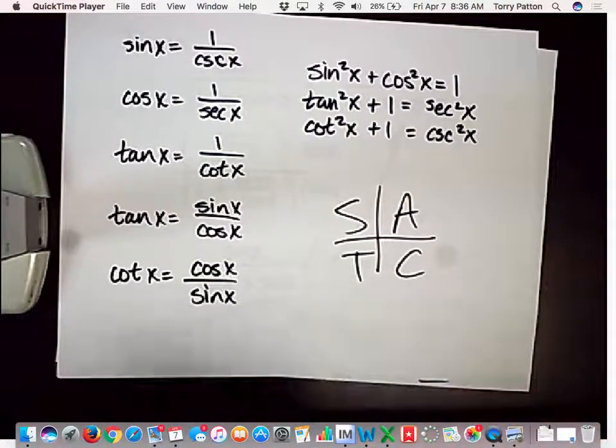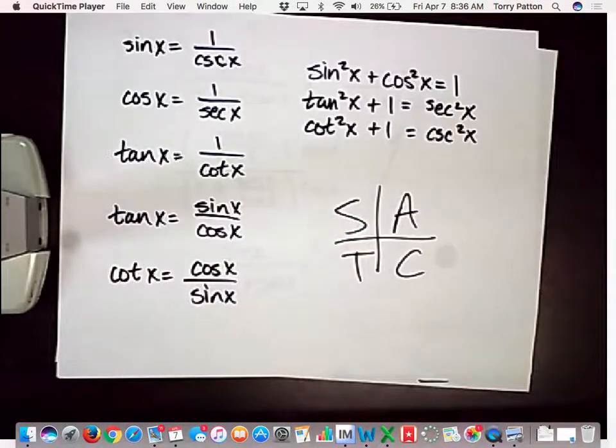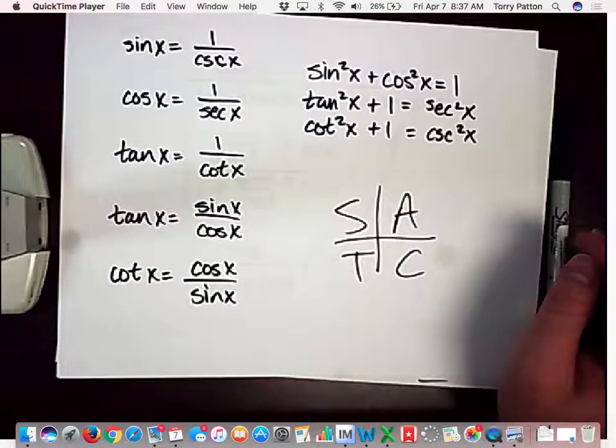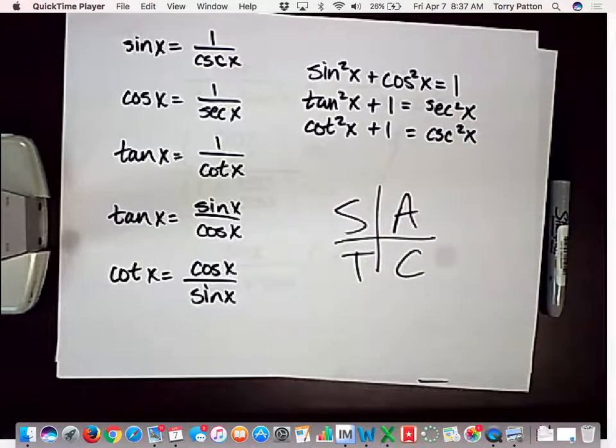That's going to tell you if your answer is positive or negative. But you can use these to figure out what the answer is, then use this to figure out if it's positive or negative. They'll tell you which quadrant the answers are in. Okay? Which, like I said, using methods from before, that means you could just draw the triangle. But let's try to do it without, because next section, that's not an option.